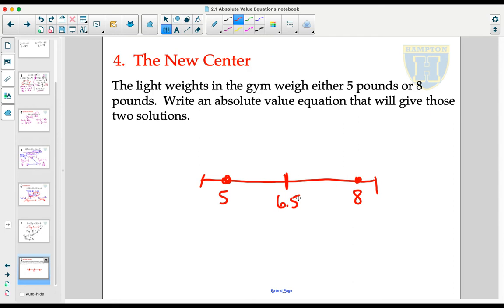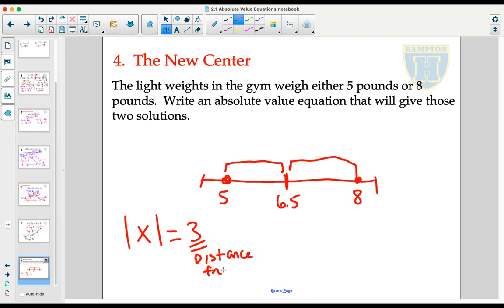Because the new center is at 6.5, I can now look at those two distances this way and this way. And you might remember that in our previous example, the one that said the absolute value of x is 3, this number was the distance from the center. 3 and -3 were 3 units from that middle 0, but we don't have the middle 0 anymore.